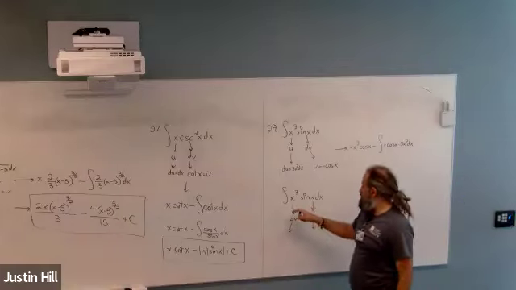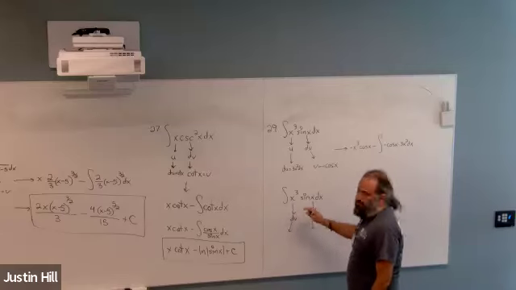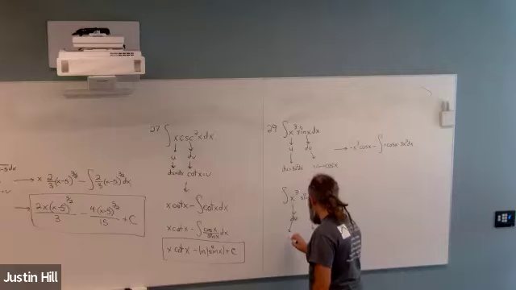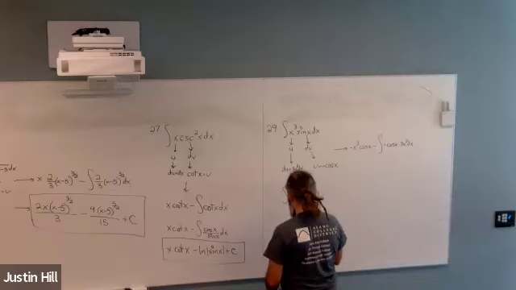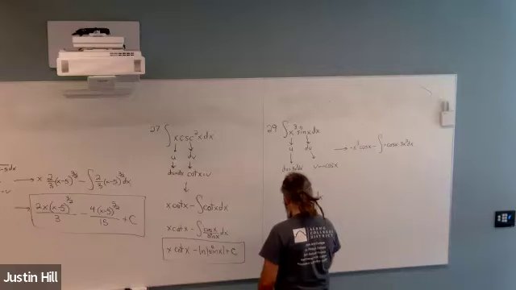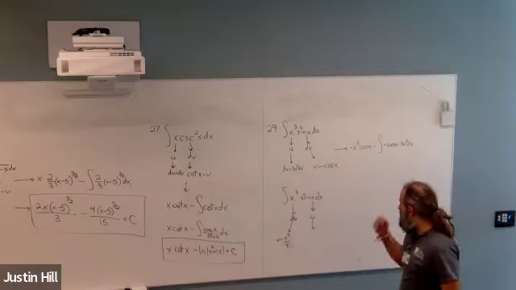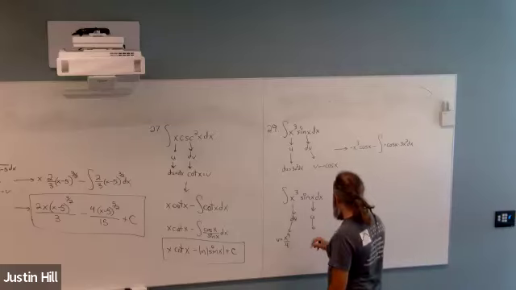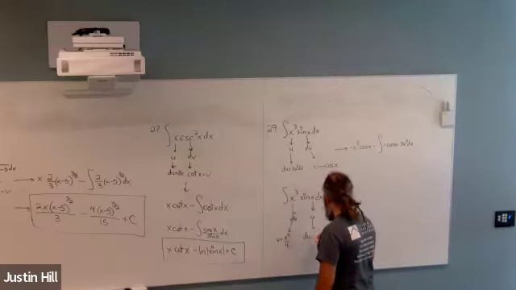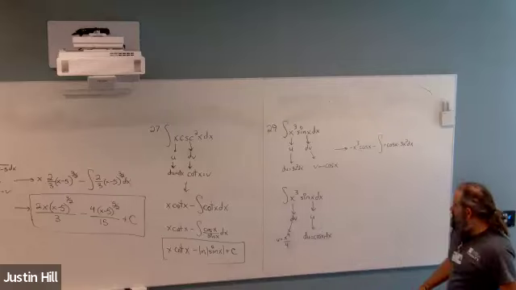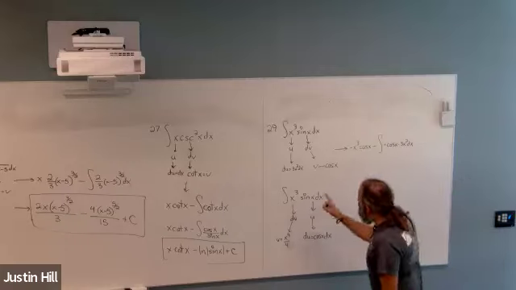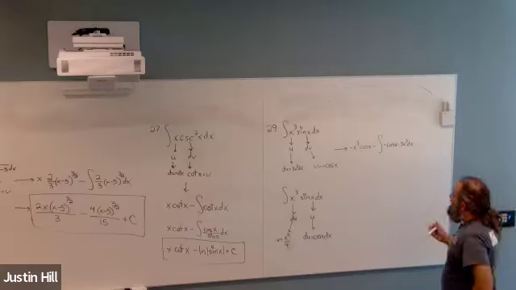All right, good. x cubed dx is my dv, so v is going to be x to the fourth over 4. And if sine x is my u, then my du is cosine x dx. Sorry, your dv was x cubed dx. Good.